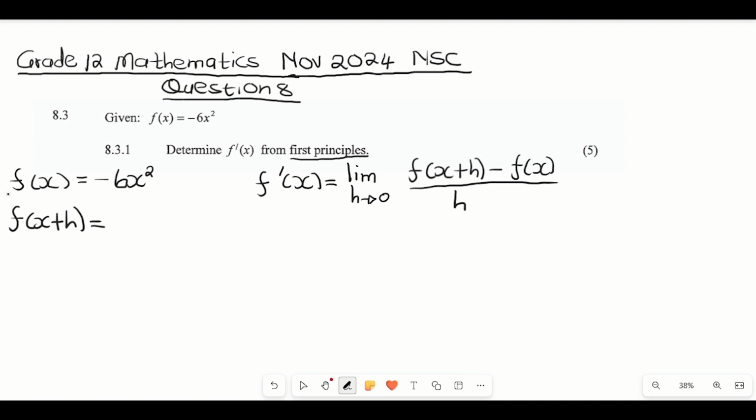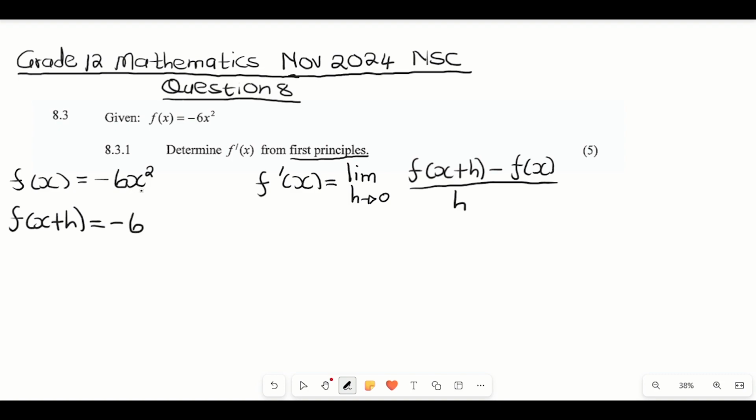So wherever we see x in this equation, to find f of x plus h, we are gonna put x plus h.